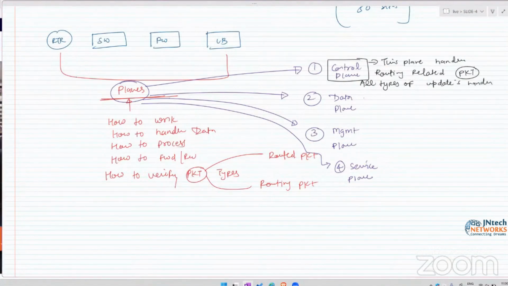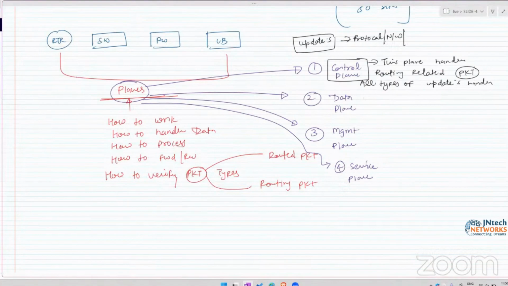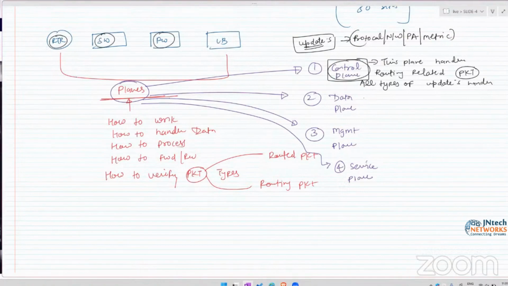Inside updates, sometimes we carry protocol information, sometimes network information, sometimes path attributes, sometimes metric information. Clear? So these updates are handled by the control plane. A router has a separate control plane, a switch has its own, a firewall has its own, and a load balancer has its own.